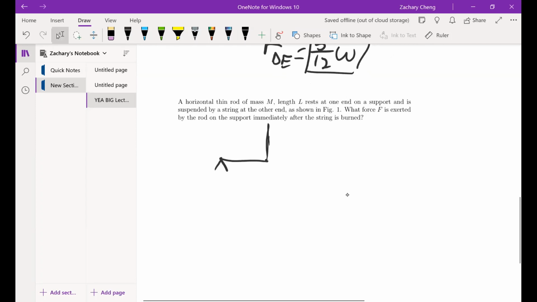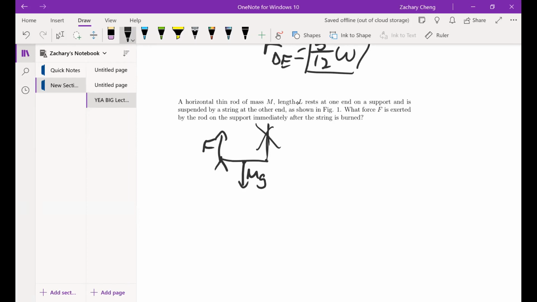So first we just draw the free body diagram here. Obviously there's force mg on the center of the rod, and there's also a force F by the support on the rod, and this F is what we're trying to find later. Okay, so after the string is burned, the acceleration of this end is 0.